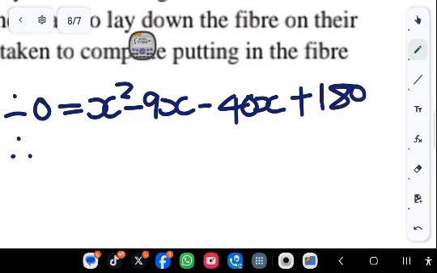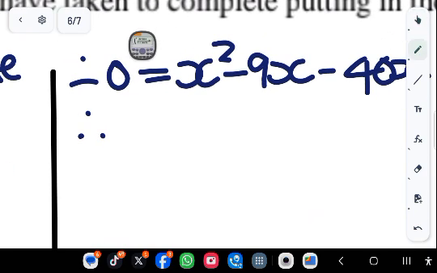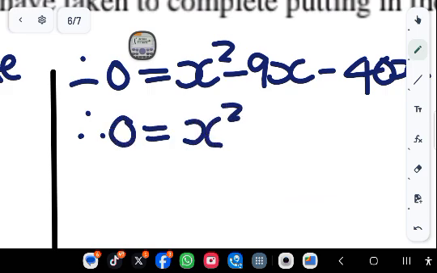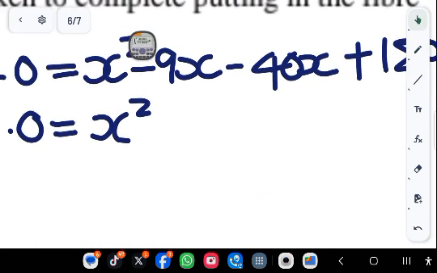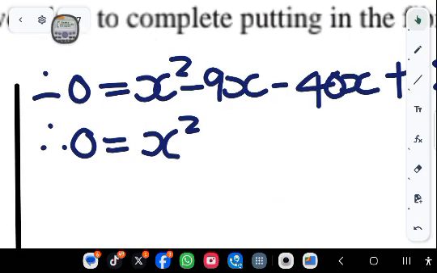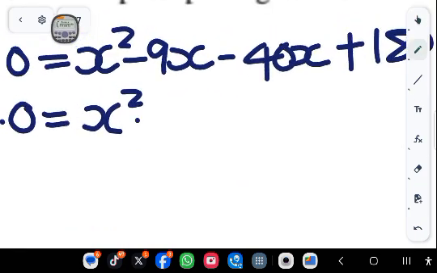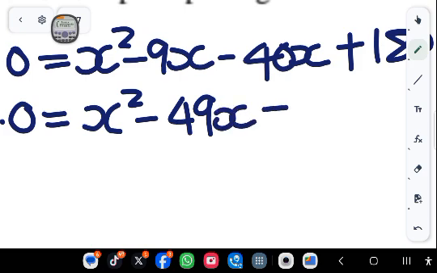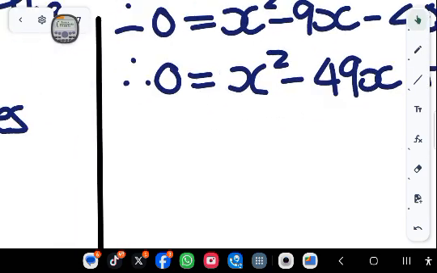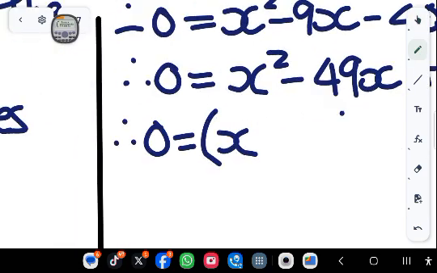Now you add like terms. 0 equals x squared minus 9x minus 40x, that is minus 49x, plus 180. Now we factorize: x and x.